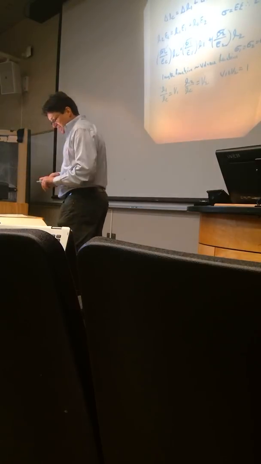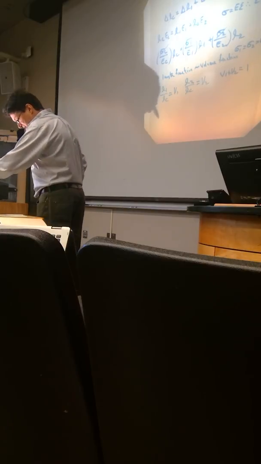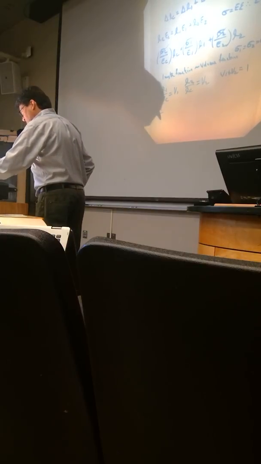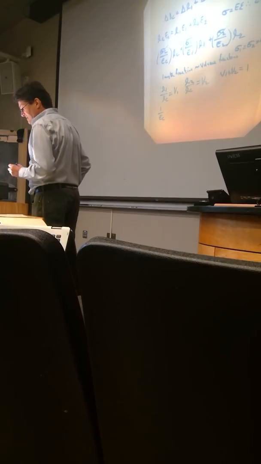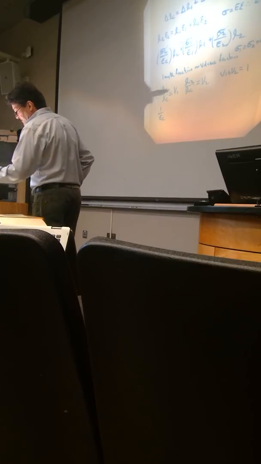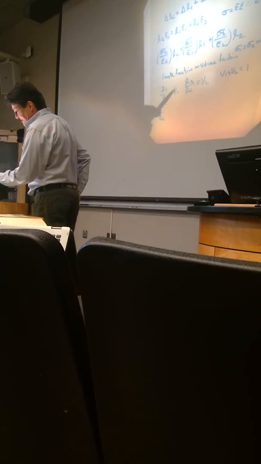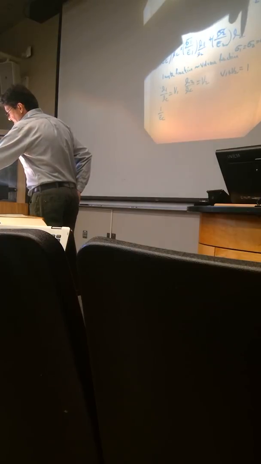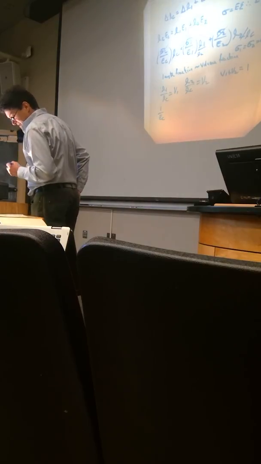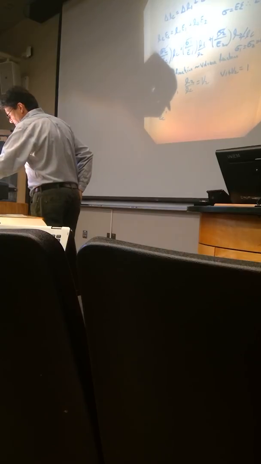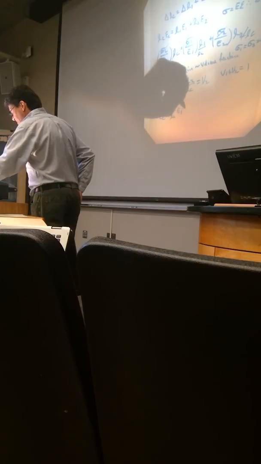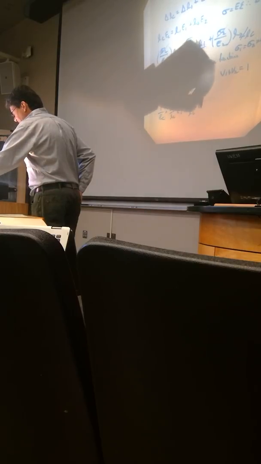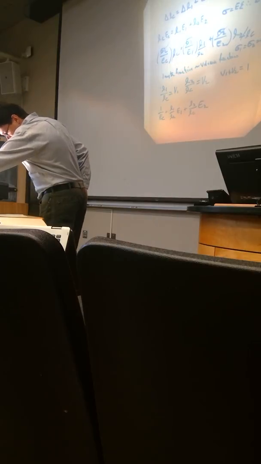You now plug those in, and you get 1 over E of the composite. And you divide by LC here, so 1 over E of the composite is equal to L1 over LC times E1 plus L2 over LC times E2.